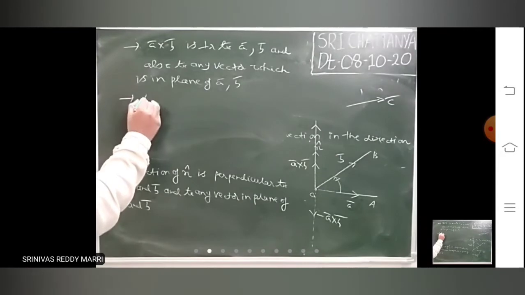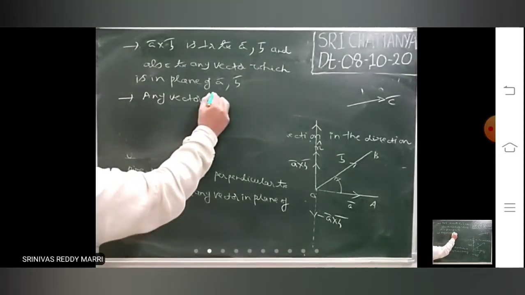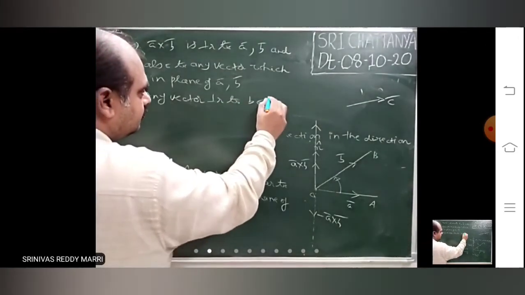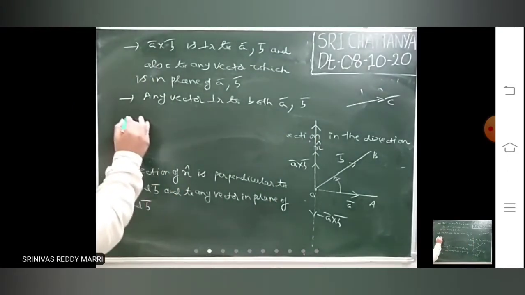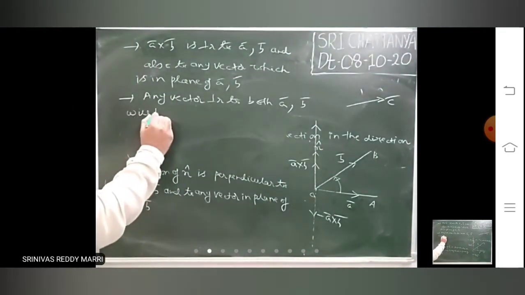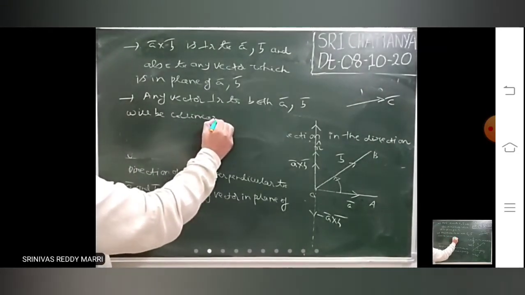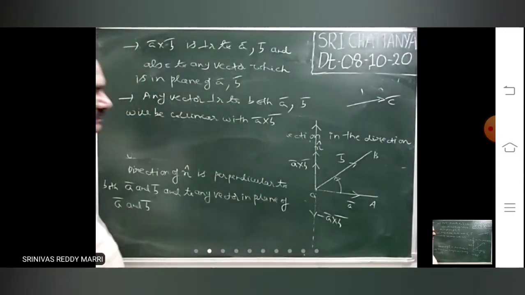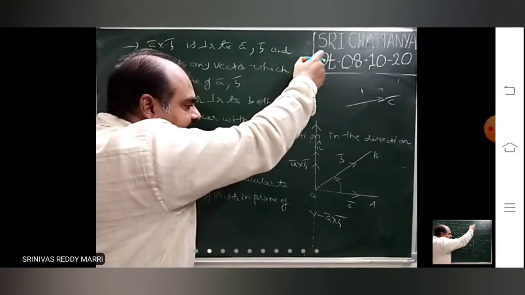Next. So suppose any vector perpendicular to both A bar, B bar will be collinear with A cross B. That means in this direction if you take a vector it will be perpendicular.